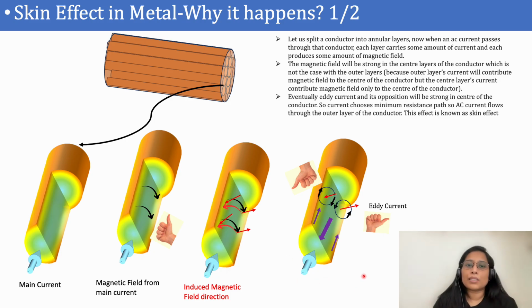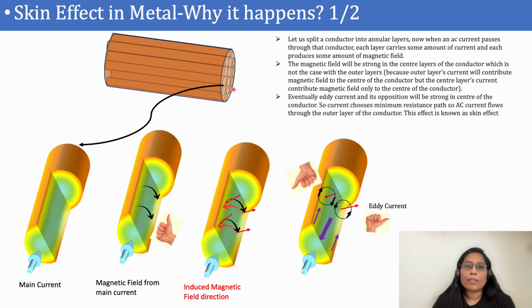So the induced current is opposing the actual current at the midpoint and it is in the same direction at the ends. Because of this opposition, the skin effect in metal is occurring.